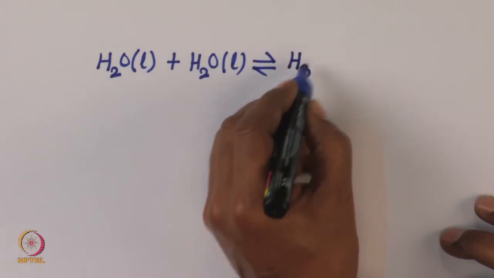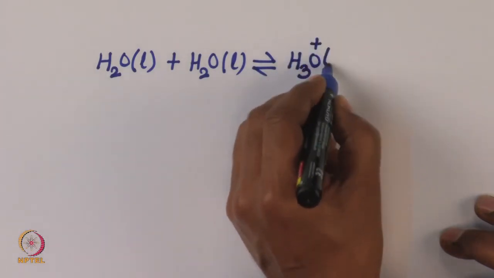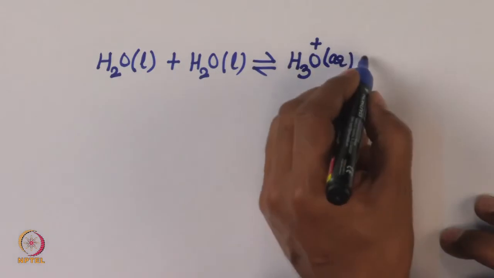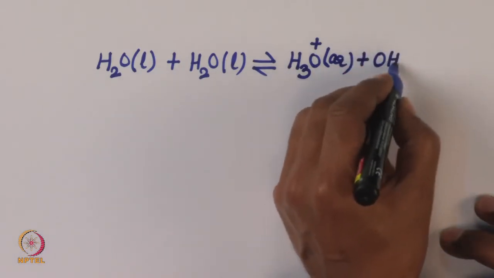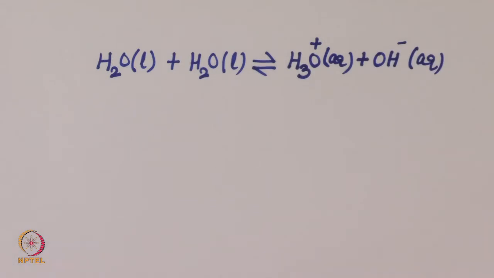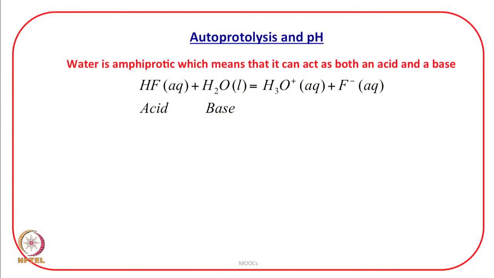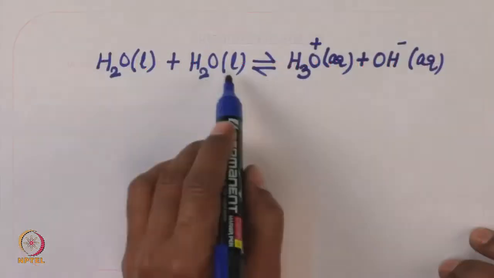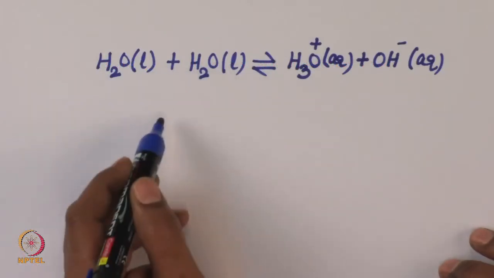If it accepts a proton, what I have is this hydronium ion, and if it donates a proton, I have the hydroxide ion. This is called autoprotolysis of water. Water itself is acting as an acid, it is acting as a base.